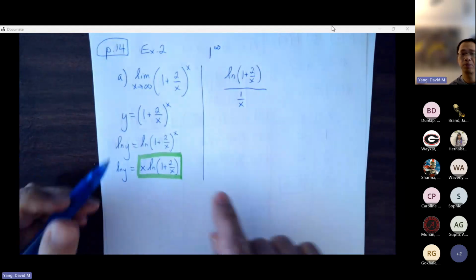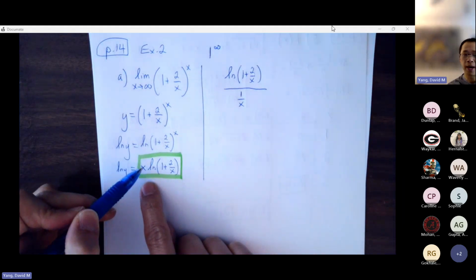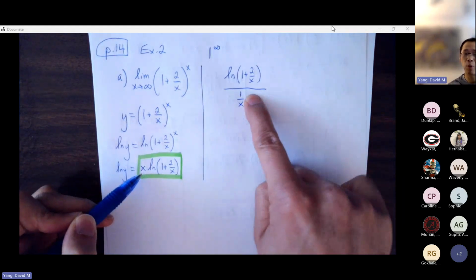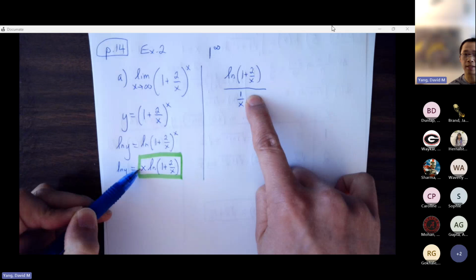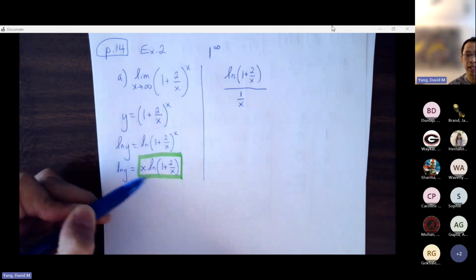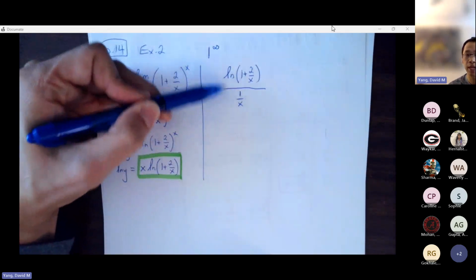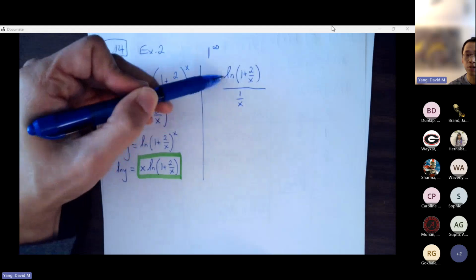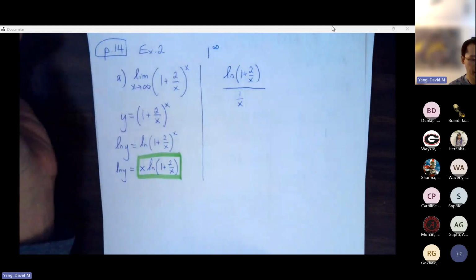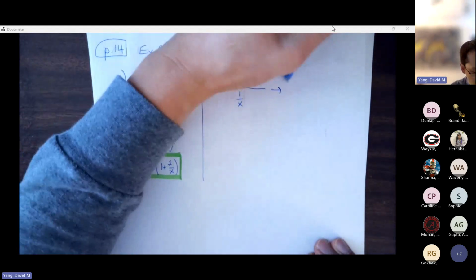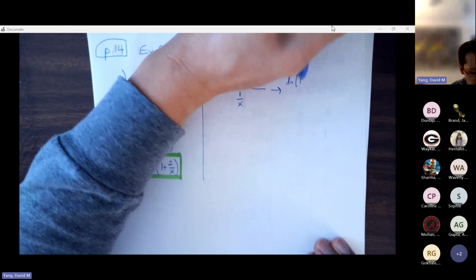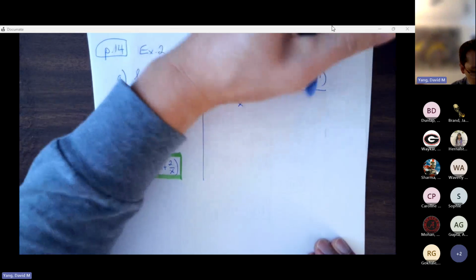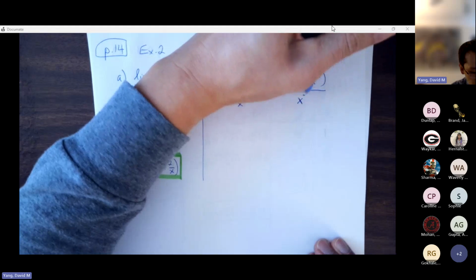That seems strange, but dividing by 1 over x is the same thing as multiplying by x. We're just forcing that x to live in the denominator so that I can maybe create a situation where L'Hopital's rule can work. Okay, now I'm going to rewrite this as natural log of 1 plus 2x to the negative 1, just getting myself ready in case L'Hopital's rule can work.